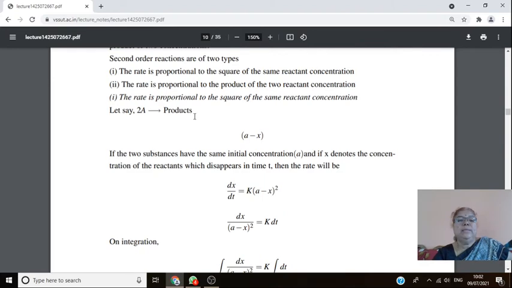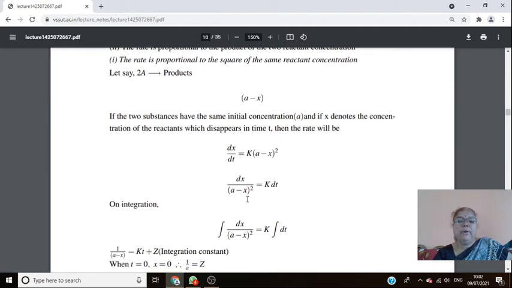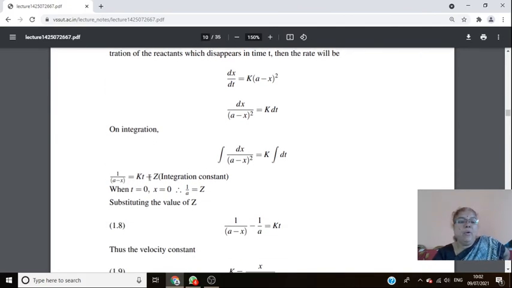The rate is proportional to the square of the same reactant's concentration. We have seen this. Here we considered A as the initial concentration, and X as the decrease in concentration. Therefore, for this reaction, we have written the rate equation as dx by dt is equal to K(A minus X) squared. Integrating this equation, we have 1 upon A minus X is equal to Kt plus C, here written as Z, the integration constant.